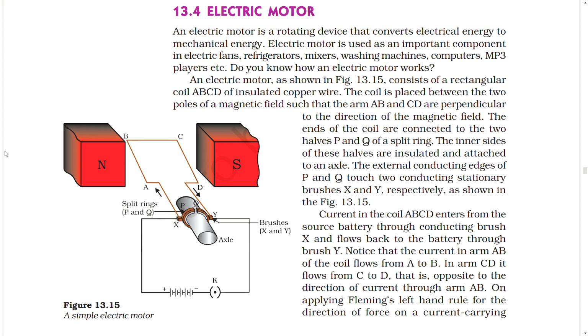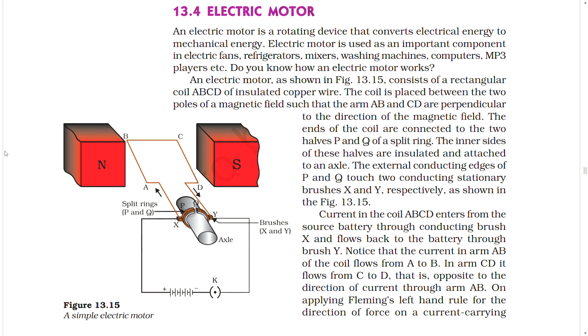The inner sides of these halves are insulated and attached to an axle. The external conducting edges of P and Q touch two conducting stationary brushes X and Y, respectively, as shown in the figure. Current in the coil ABCD enters from the source battery through conducting brush X and flows back to the battery through brush Y.